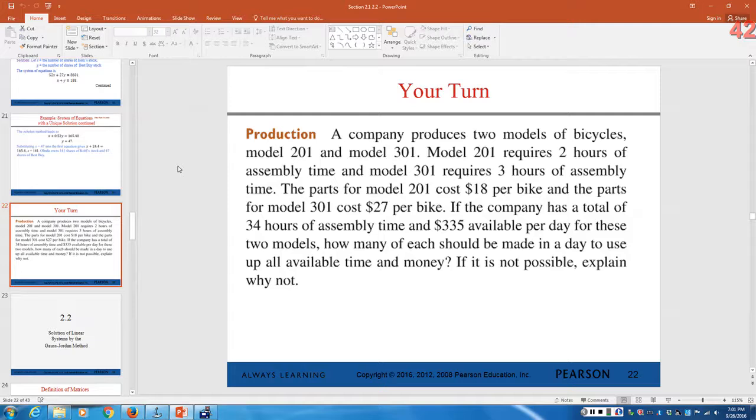And 301 is $27 a bike. And they have a total of 34 hours of assembly time. And they have a total of $335 available for the 2 models. So we have to figure out how to turn that into a system. And they want to use up all the available time and money.